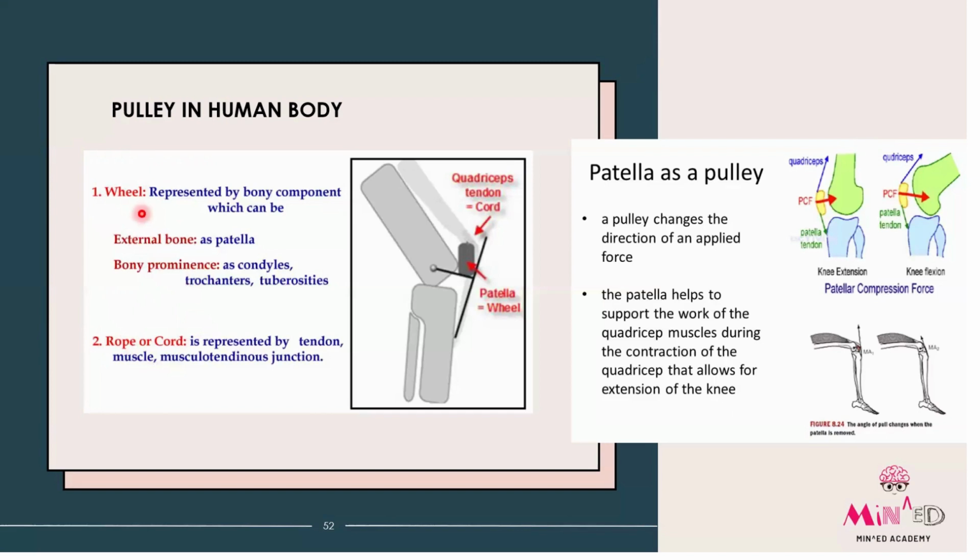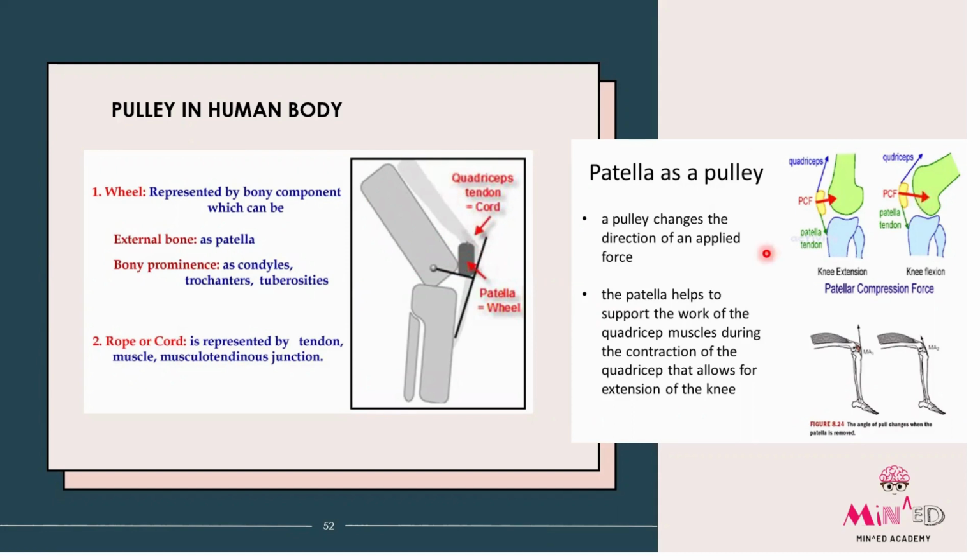So the wheel is represented by the bony component, which can be an external bone, the patella, and bony prominences: condyles, trochanter, and tuberosities. And the rope or cord will be the tendon: the quadriceps tendon, muscle tendon junctions. Okay, the patella is the wheel, and this is the tendon, a cord.